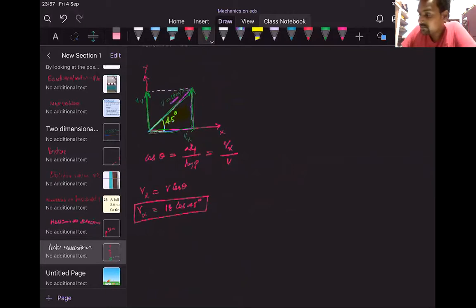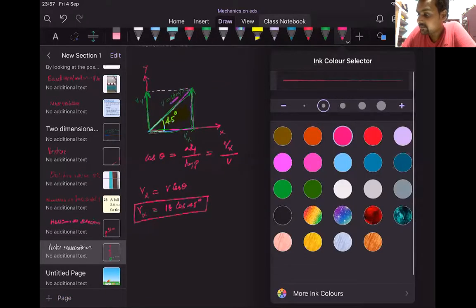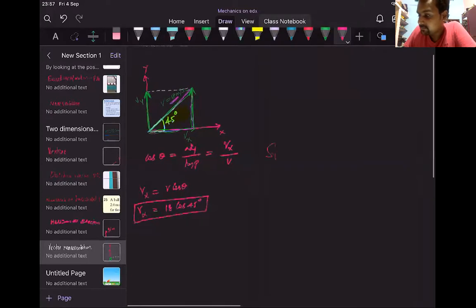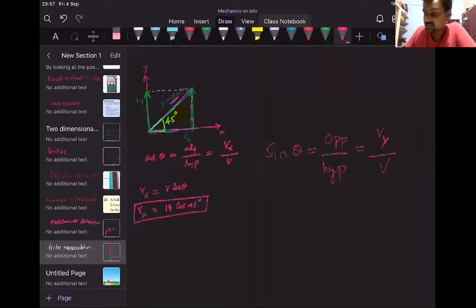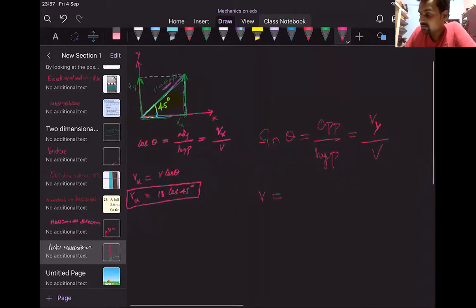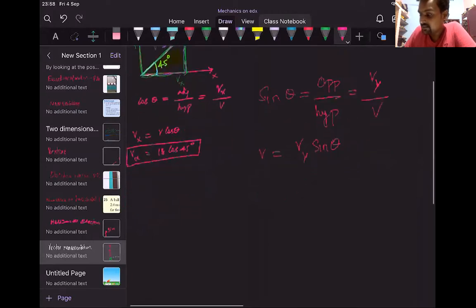So you know for a fact that we are talking of sine theta now. Sine theta equals opposite by hypotenuse. The opposite side is Vy, the velocity in the vertical direction, divided by V, the resultant velocity. So Vy then becomes V sine theta. In this case, specifically at time t is equal to 0, it's nothing but 18 sine 45 degrees.